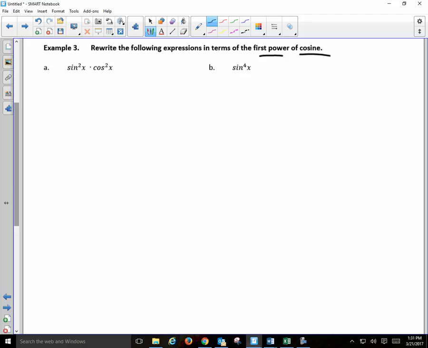So here we go. Sine squared. What am I going to put in for that? Well, we're not going to solve because there's no equal sign, but we're going to simplify.